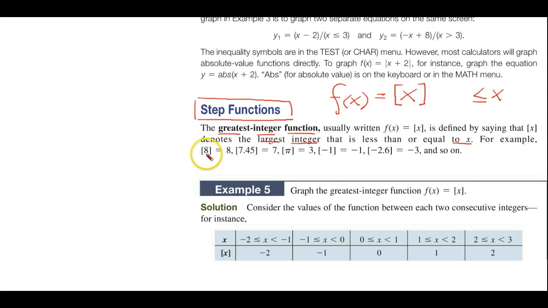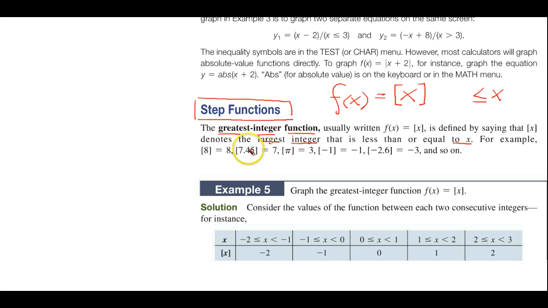The greatest integer function of 8 is 8. 8 is an integer. The greatest integer function of 7.45. Now that's a fraction, it's a real number, but it's not an integer.